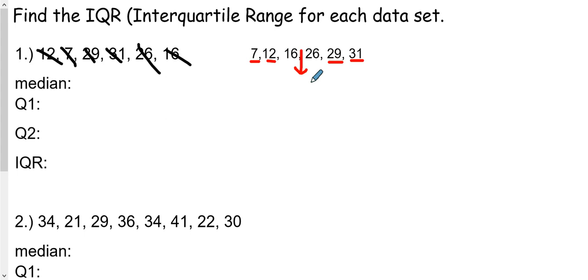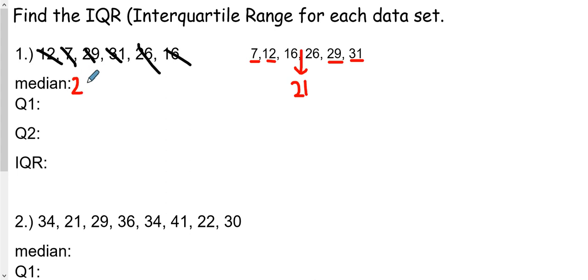And remember, in order to find the average, we have to add them together. So when I add 16 plus 26, I get 42. And then I will divide 42 divided by 2, and that gives me 21. So my median is actually 21.